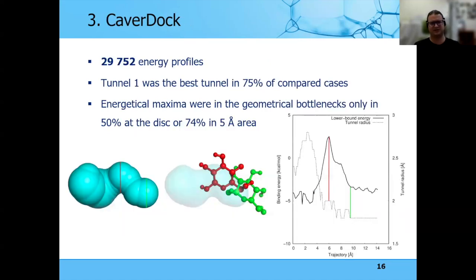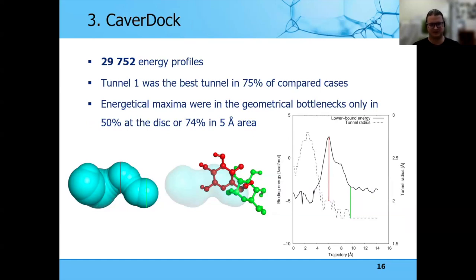And when it comes to the energetical analysis by CaverDock, we used the proteins which had more than one tunnel, but we didn't use the tunnels from 4 and beyond, so a maximum of 3 tunnels, and altogether it accounted for around 30,000 calculations and energy profiles.